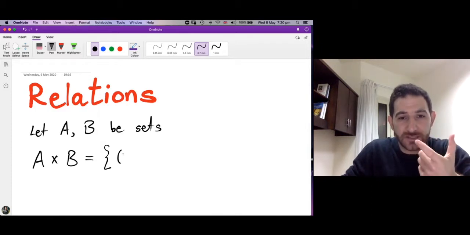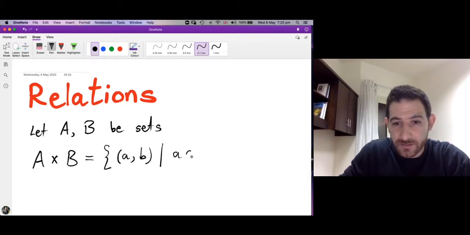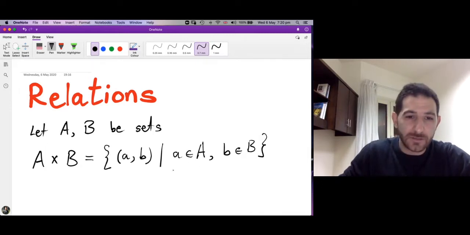Remember, a two tuple is a sequence of length 2. So it's a sequence which has two elements, two terms, such that the first element belongs to the first set and the second element belongs to the second set. So the comma here represents and. Okay, so a belongs to A and b belongs to B. So this is the Cartesian product of A cross B.